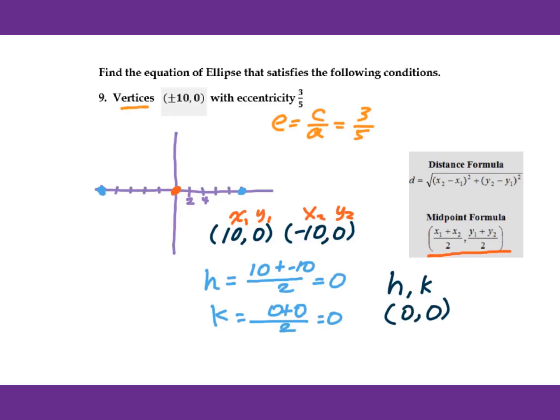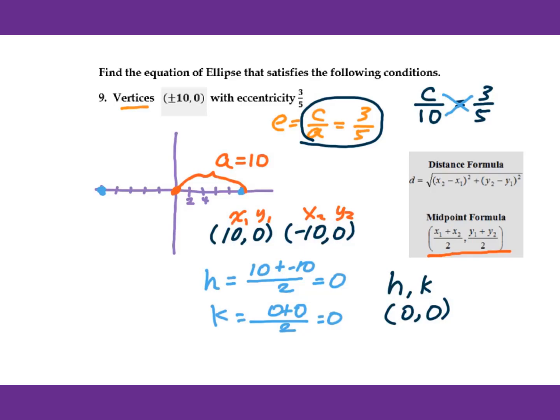According to the definition, from the center to the vertex, that's a. So a equals 10. Then we will figure out c according to this eccentricity. c over 10 equals 3 over 5. We cross multiply. c equals 30 over 5, equal to 6. So this will be the focus.